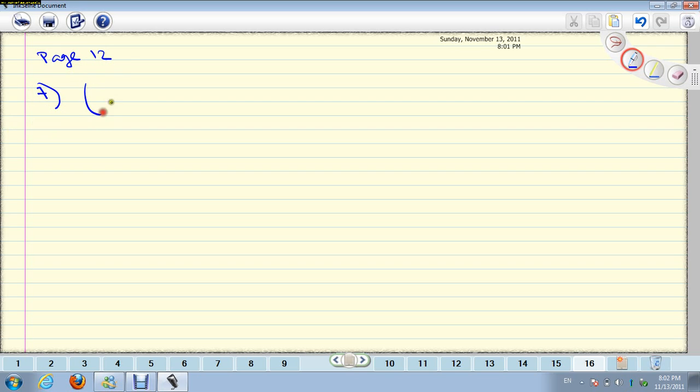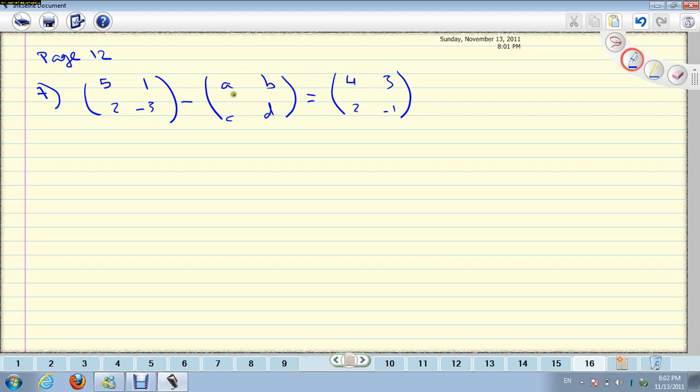It's written this way: 5, 1, 2, negative 3, minus A, B, C, D, and it equals 4, 3, 2, negative 1. And the question asks me to find A, B, C, D.